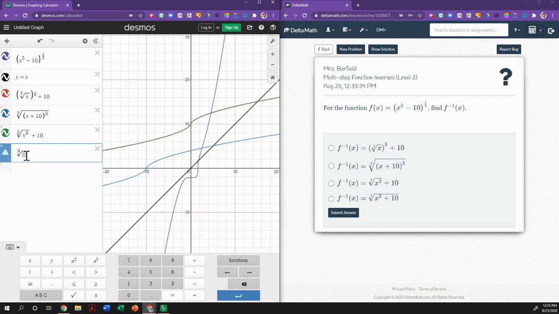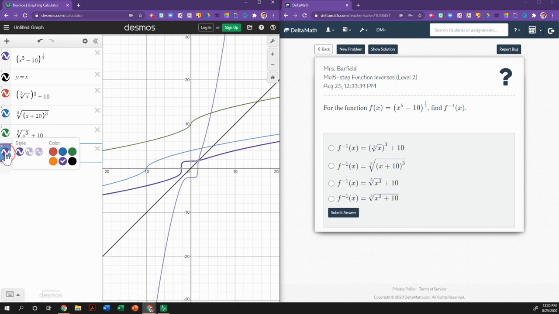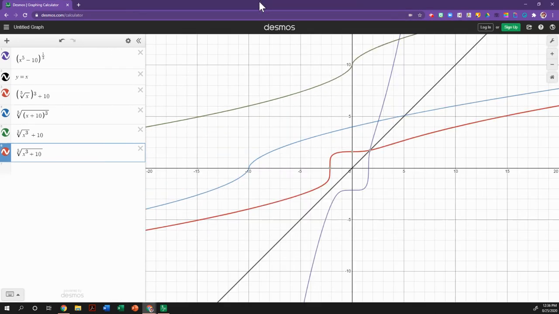Fifth root x to the third plus 10. All right. Let me change the color. And I hope most of you noticed right away that that last one is the one we were looking for. Let me make my screen a little bit bigger.